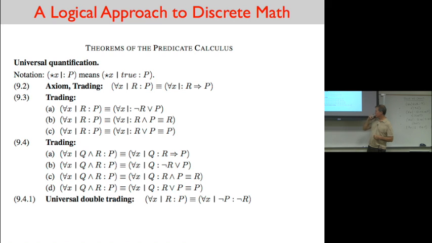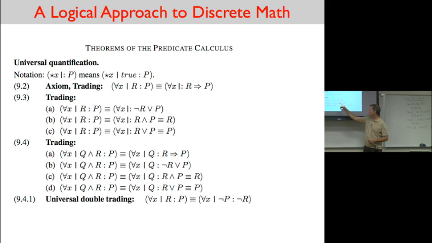So this is called universal double trading. Double trading allows you to swap the range and the body. Trading moves the range to the body, okay?